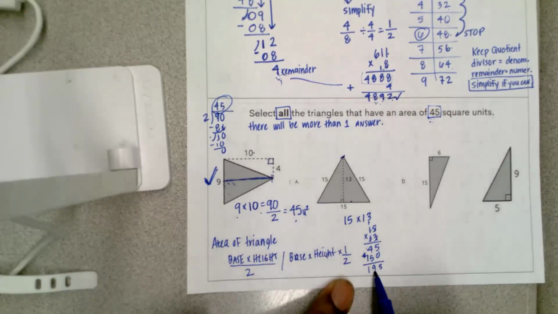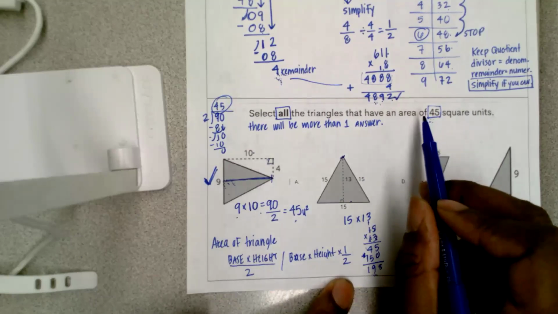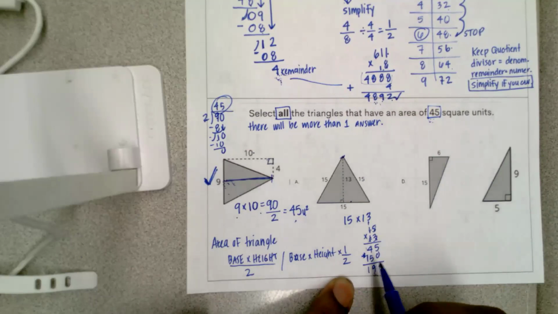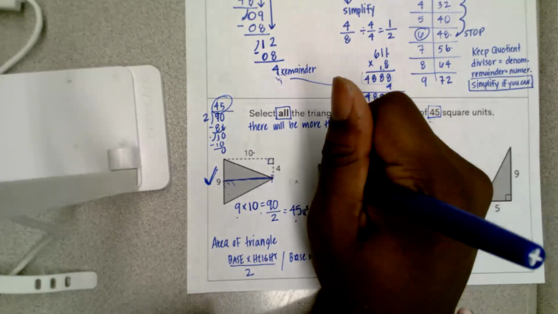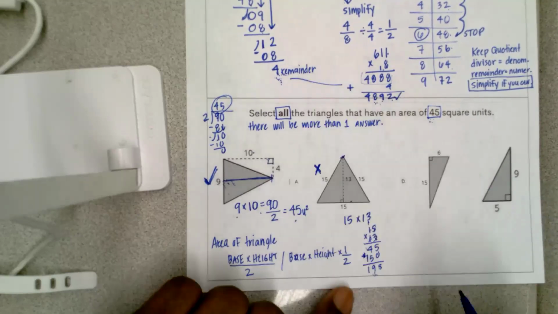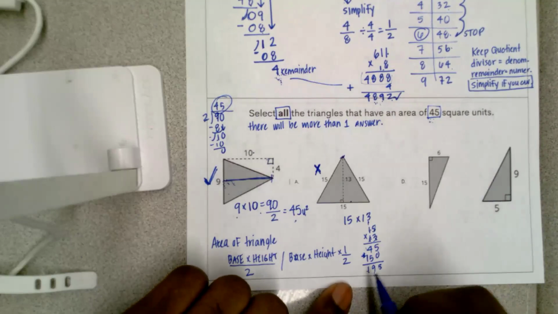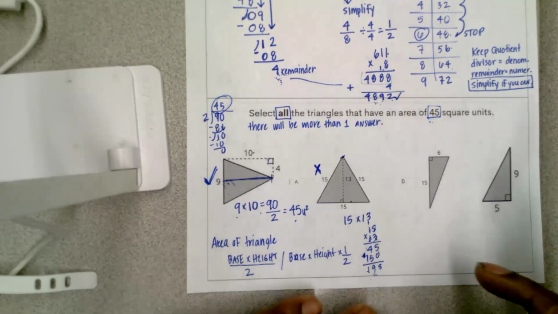And if you divide 195 divided by 2, the answer will be more than 45, right? Because if you divide 100 by 2, it'll get 50. So we can automatically know that that's not correct because 195 divided by 2 is much greater than 45.